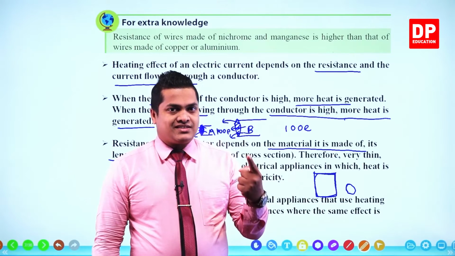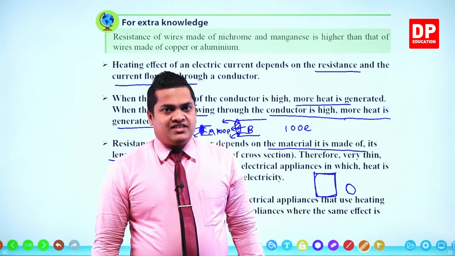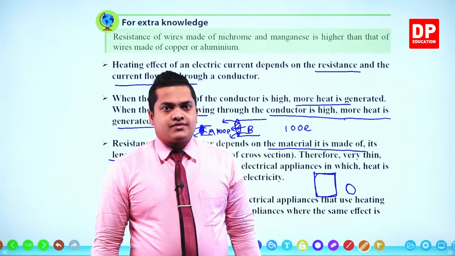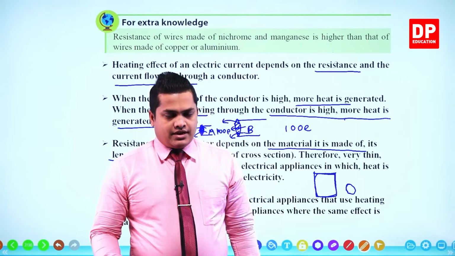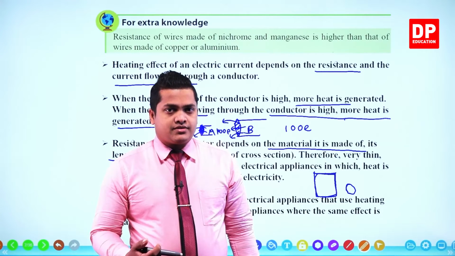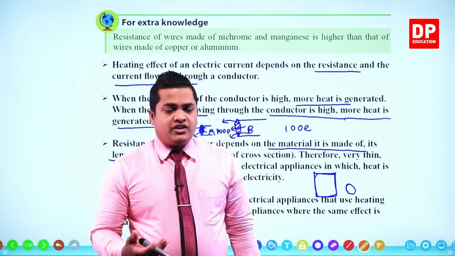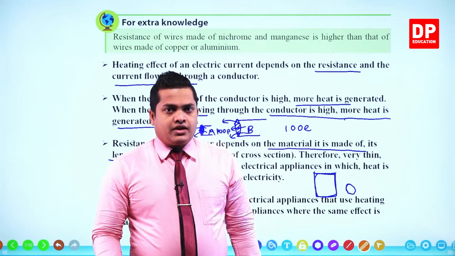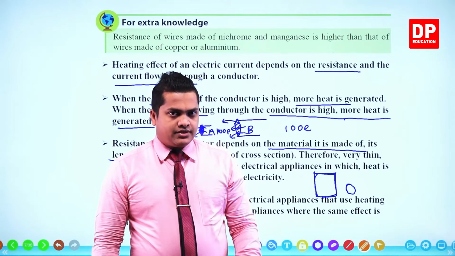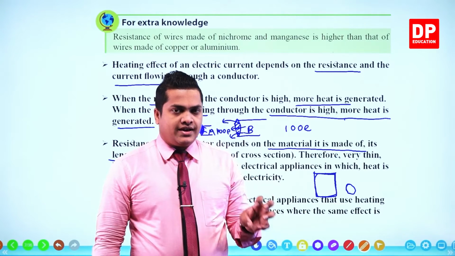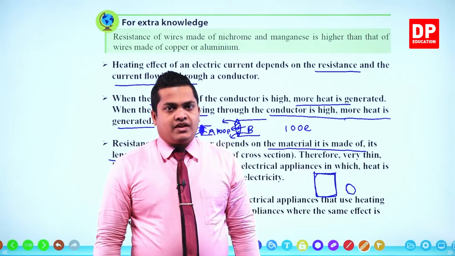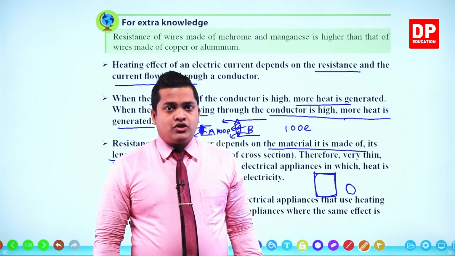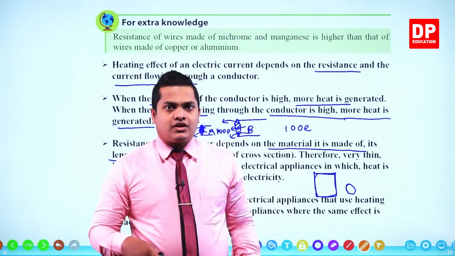So my dear children, in some electrical instruments, this heating effect is very disadvantageous. Like in each and every electrical appliance that we use in our day-to-day life to make our work easy, which do not provide heat energy as the main energy conversion. Like in a washing machine, we use the kinetic energy of the rotation.